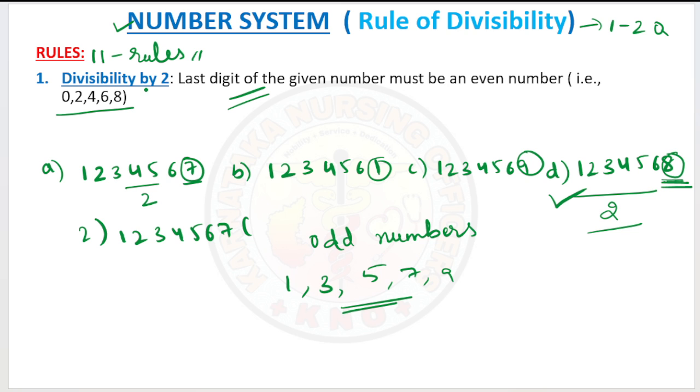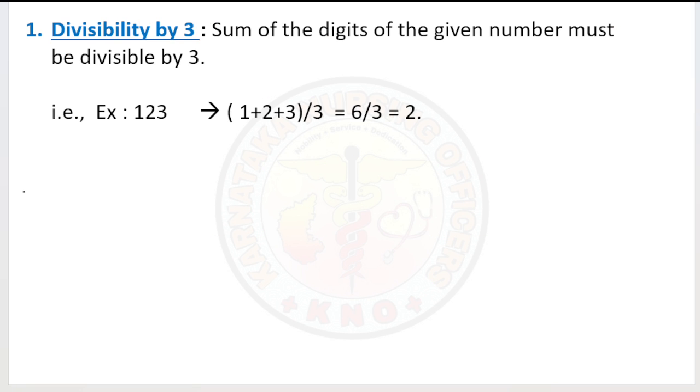Okay, now let us move on to the next divisibility rule, that is divisibility by 3. What is the divisibility by 3 rule? The sum of the digits of the given number must be divisible by 3. For example, here I have taken 123.